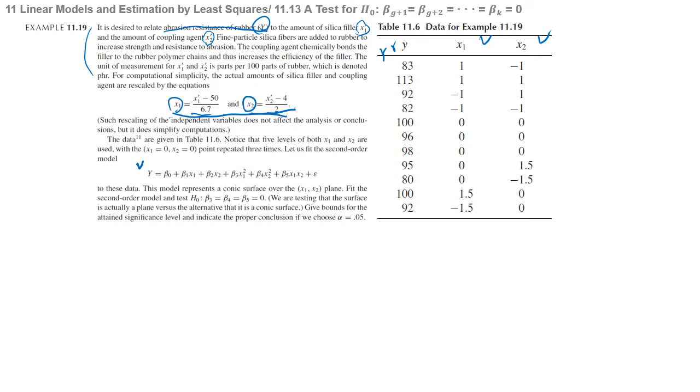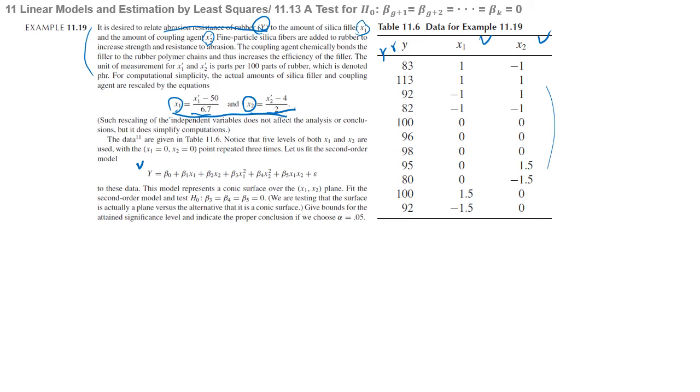The data are given in table 11.6. Notice that 5 levels of both x1 and x2 are used, with the x1 equals 0 and x2 equals 0 point repeated 3 times.